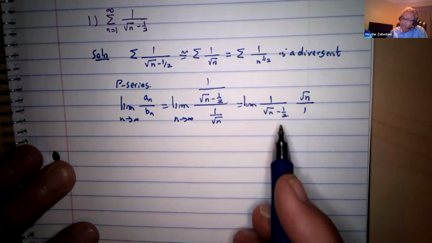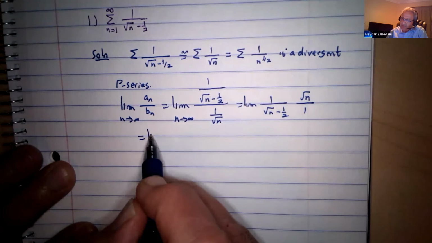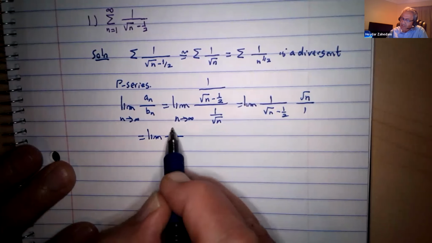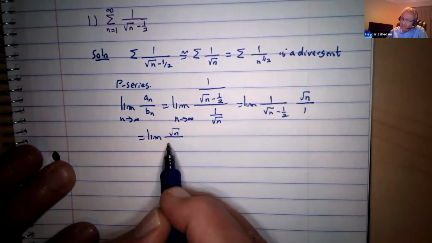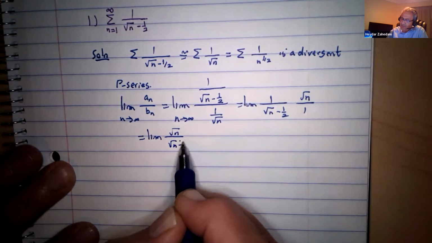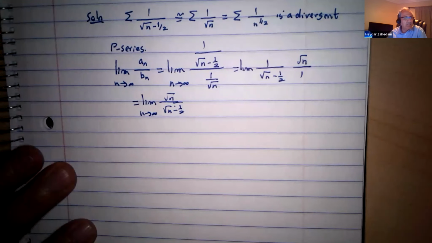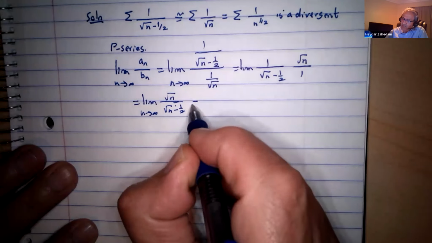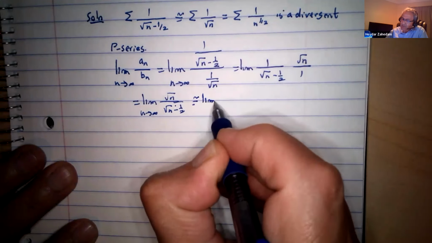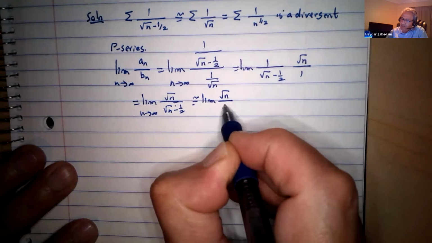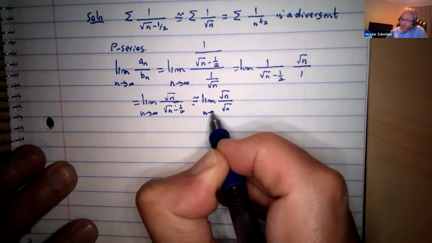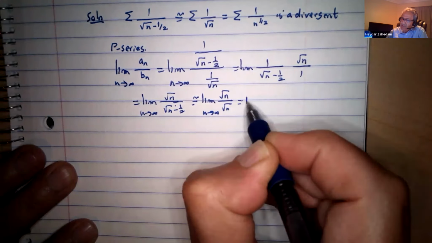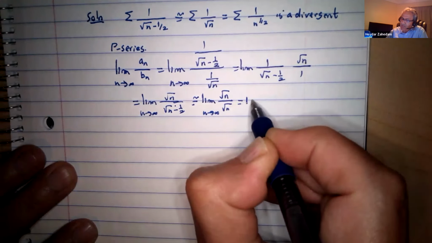So this is simply equal to the limit of radical n on the top and radical n minus 1/2 on the bottom as n goes to infinity. If you call the top one t, it's t over t, and the limit would be 1. Or you can shrink it: the leading term on the top is radical n, and on the bottom it is also radical n. As n goes to infinity, this limit is 1. And 1 is not equal to 0.